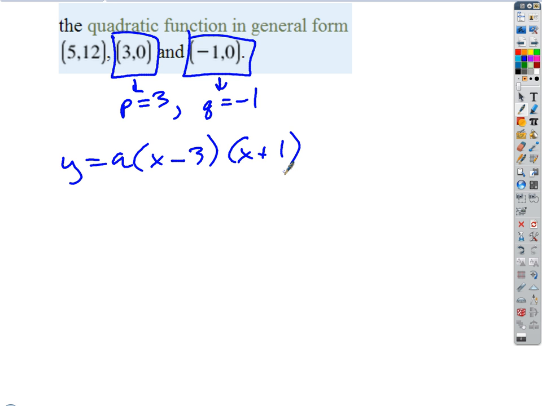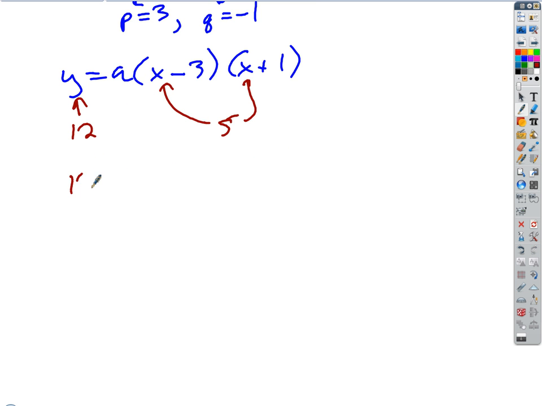How do I find a? Yeah, plug in the other point. Right, so I'll plug those guys in. So 5 goes in for x, 12 goes in for y, right? And what do we get then? 12 equals a times, what's 5 minus 3? 2.